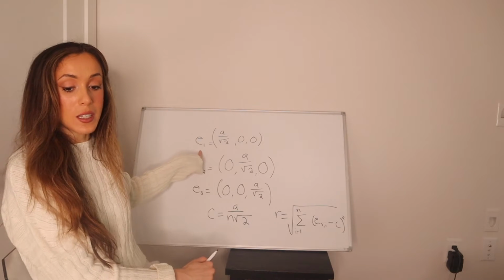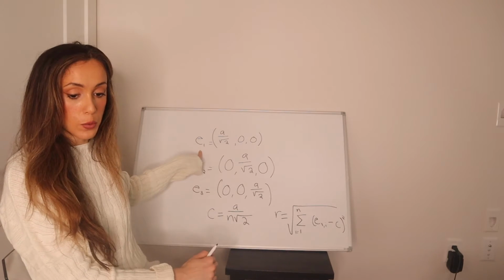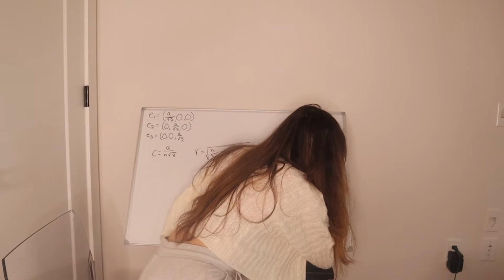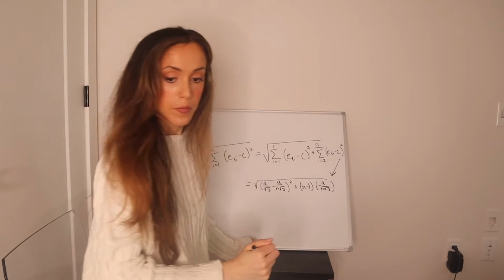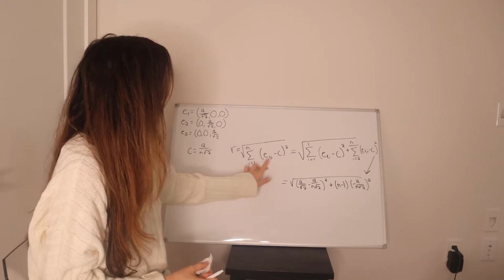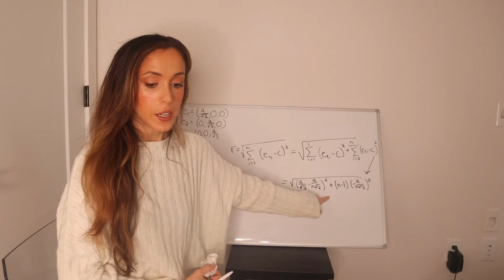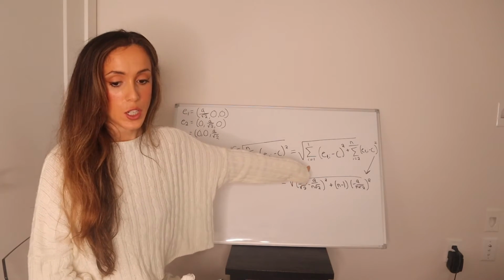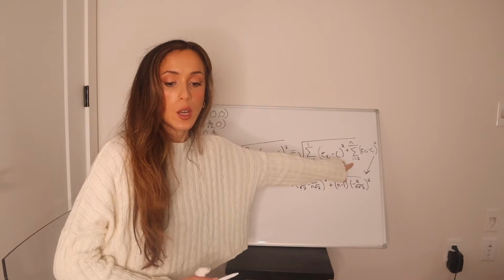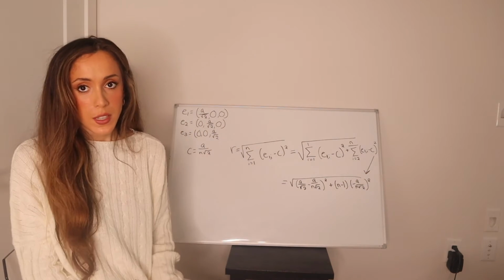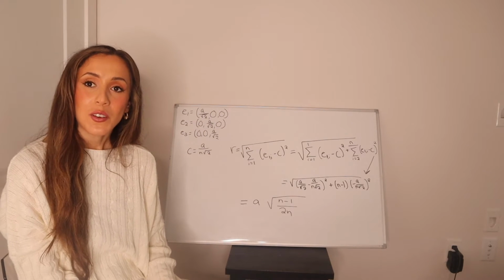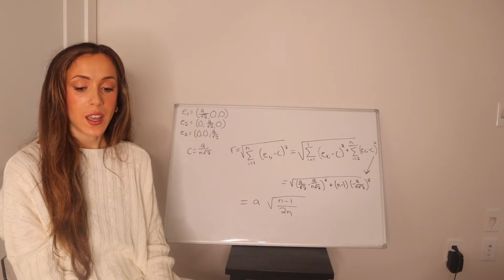Because of this, we can split the summation into two. So just to make room, I had to move things around a little bit, but this continues down here, and the first summation becomes the first term, and the second summation becomes the second term. This simplifies to, we now have a formula for the radius of the base.